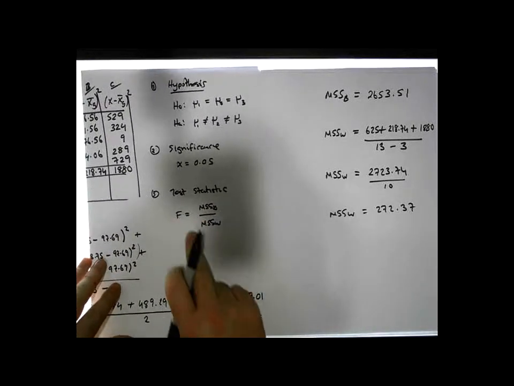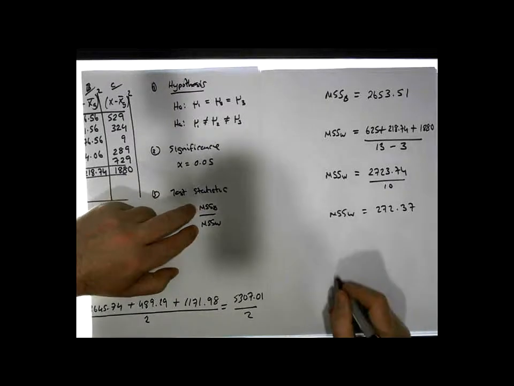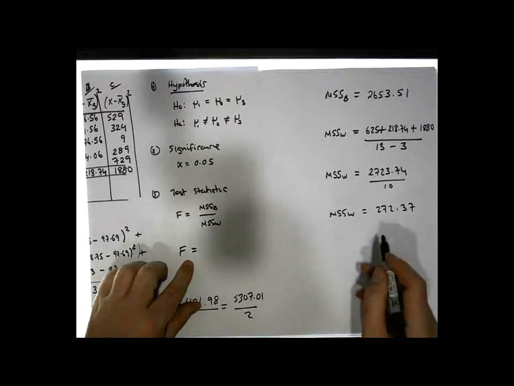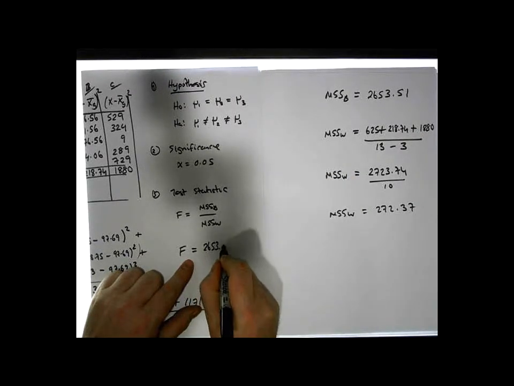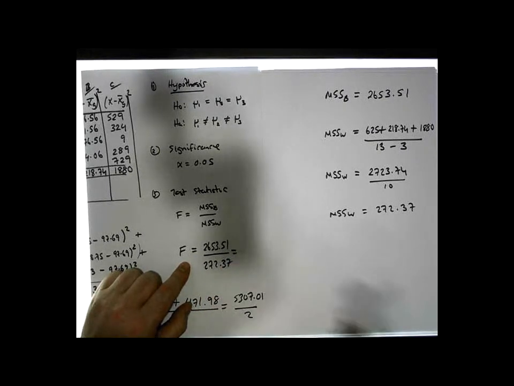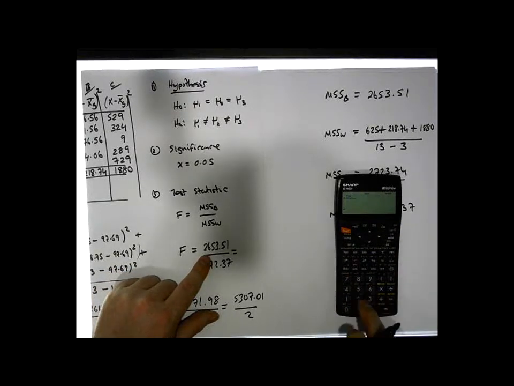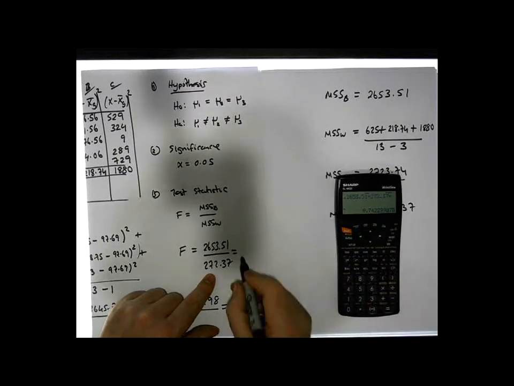So what we wanted to calculate was this F statistic. The F statistic is the ratio of the between measure to the within measure. So our F statistic is equal to the between measure, which is 2653.51, divided by 272.37, which gives us a value of 9.74.